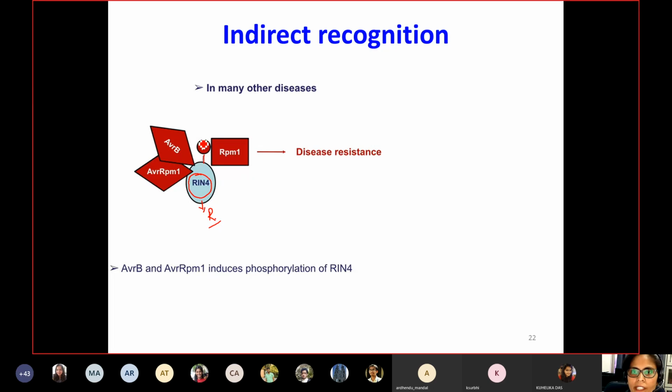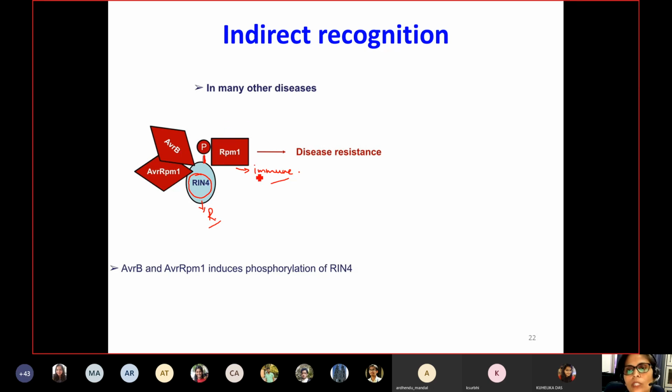Because it is phosphorylating RIN4, and by phosphorylating RIN4, it is making a pattern that attracts RPM1, the immune response protein. So by creating another interaction pattern, it is allowing other molecules to interact with the R gene.